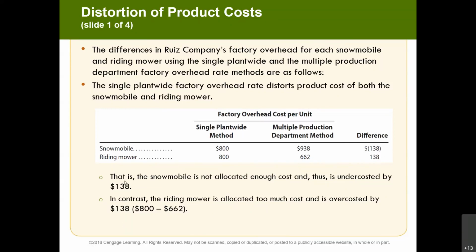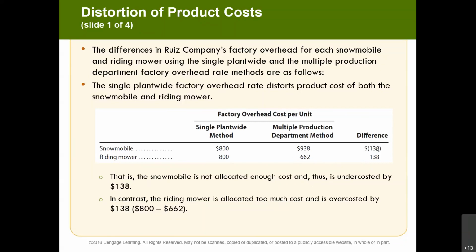So what does this tell us? It says the snowmobile is not allocated enough cost and thus can be undercosted by $138 if they were to use the single plant-wide method. But in contrast, the riding lawnmower would have had too much allocation using the single plant method, leading to a positive difference of $138. So again, looking at this, we can determine that if the company selected either the single plant-wide method or the multiple production department method, the company probably would have been okay because the two would have canceled each other out.